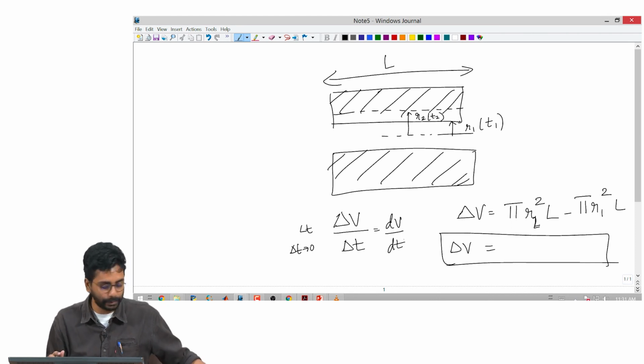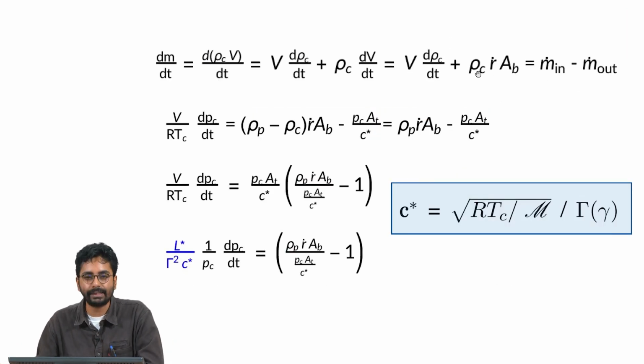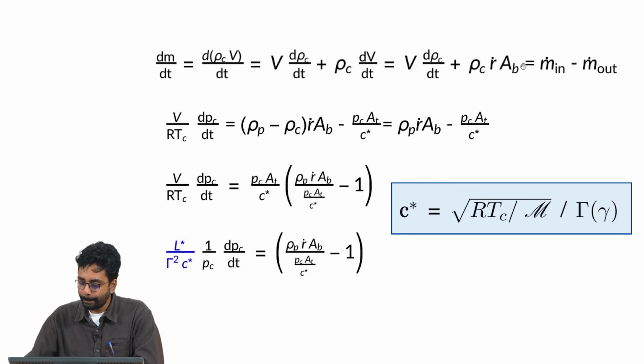That you can show is nothing but the density of the propellant times the regression rate of the propellant multiplied by the burning area.